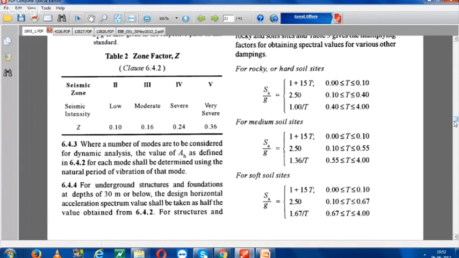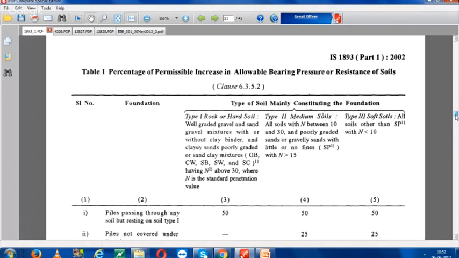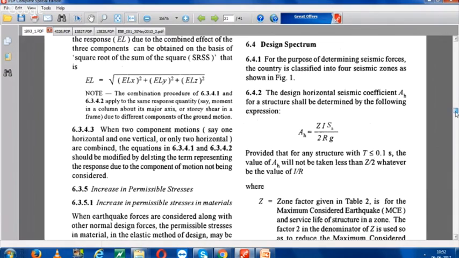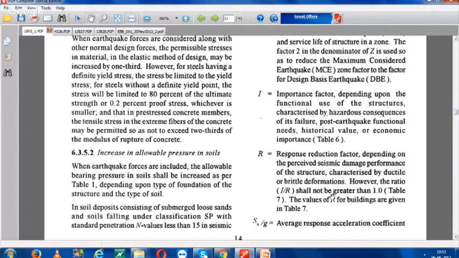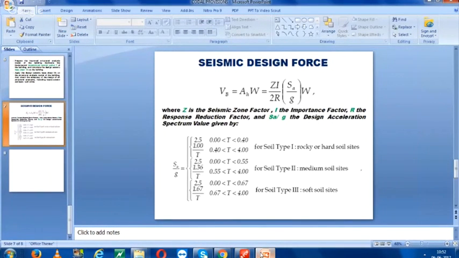And another thing is there, weight. Weight means mass into acceleration, so we need to multiply it with g.